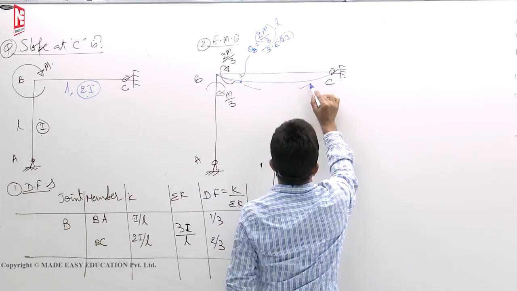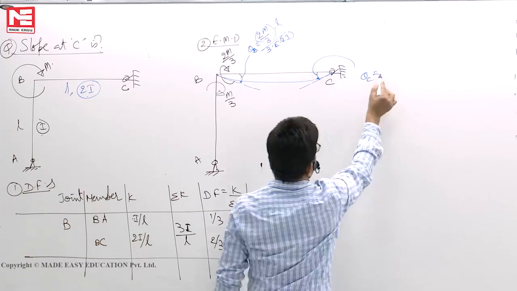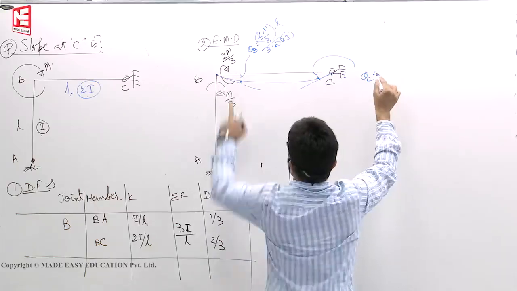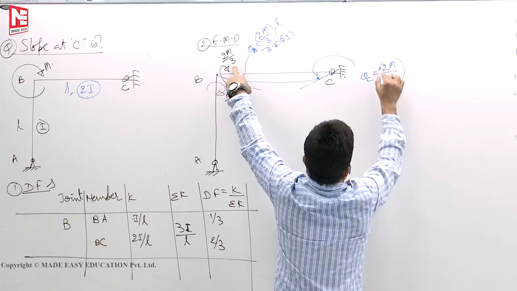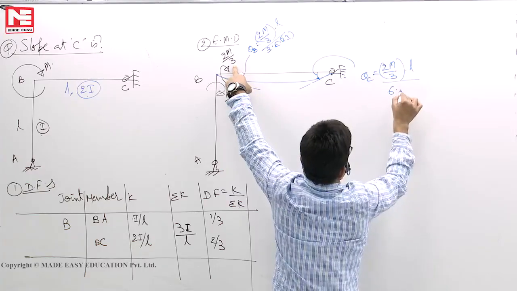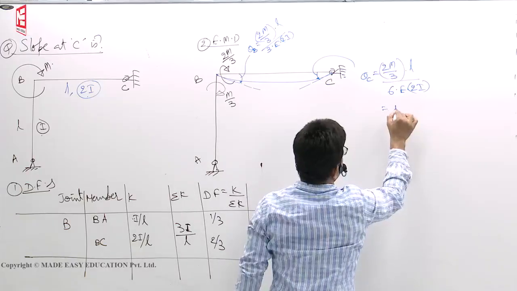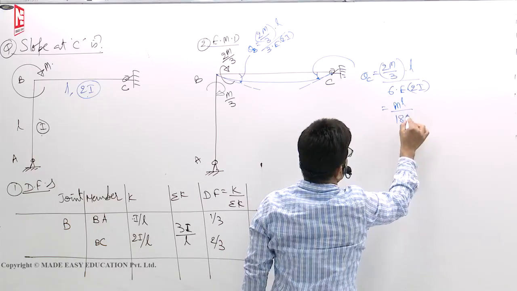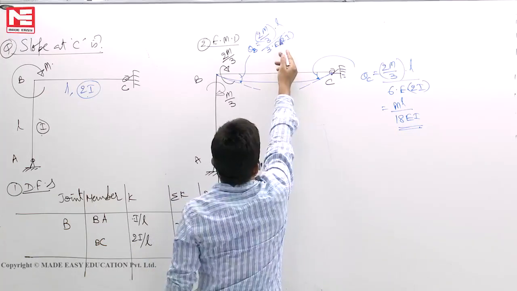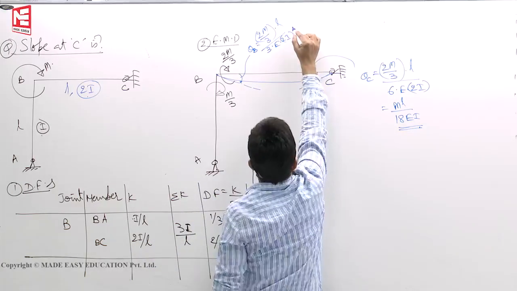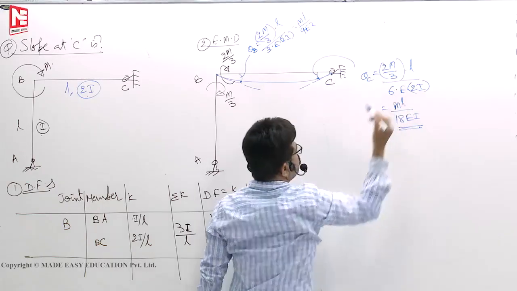Then theta C, ML by 6EI is the standard formula, where M is only 2M by 3 and I means 2I. So you will get ML by 18EI. And for theta B, the 2 cancels out, ML by 9EI. This is ML by 18EI.